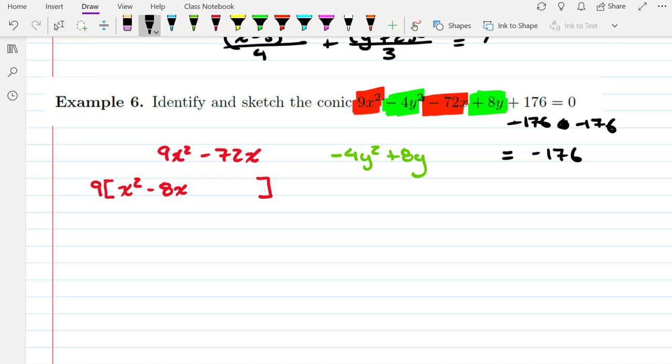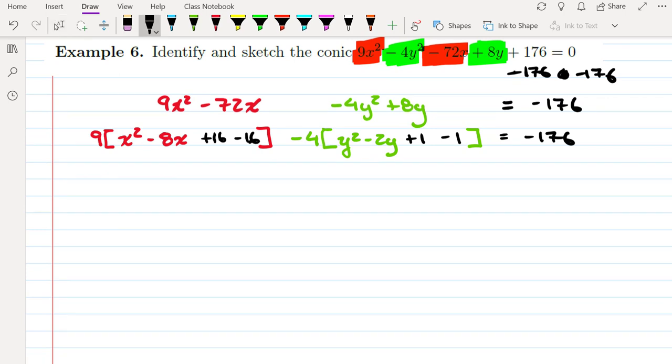So half of negative 8 is negative 4. Negative 4 squared is positive 16, so I'm going to add 16 and subtract 16. I'm going to do the same thing over here, so I factor out my minus 4, that gives me y squared minus 2y, and I leave some space. And my new b term is negative 2, half of negative 2 is negative 1, negative 1 squared is positive 1, minus 1, equals negative 176.